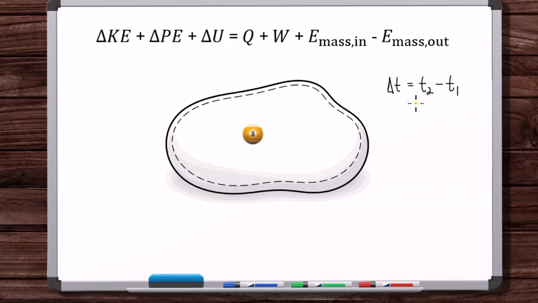So if we take a picture at time t2, we add up all the energy, get a final value, and then we just add this motionless pool ball to the system. Well, the addition of the pool ball is going to increase the U value at time t2, the capital U value. And the reason is because a mass like this, any mass, contains thermal energy, right?